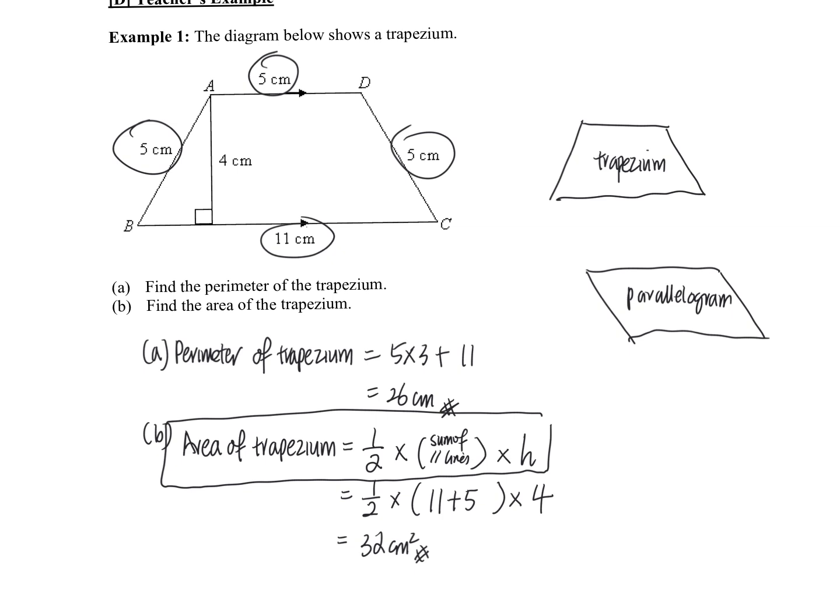Trapezium is like a pyramid but like a rectangle. No. Okay, so parallelogram has 2 pairs of parallel sides, but trapezium only has 1 pair of parallel sides.